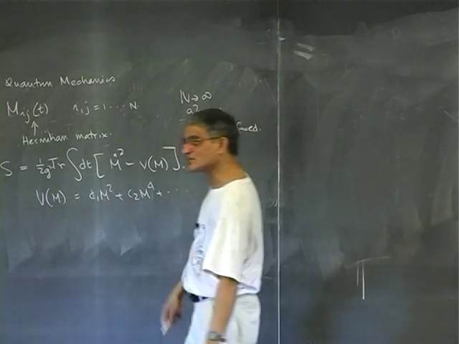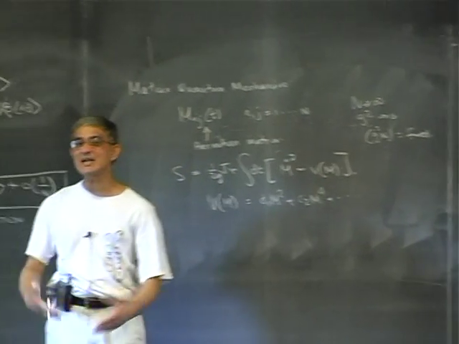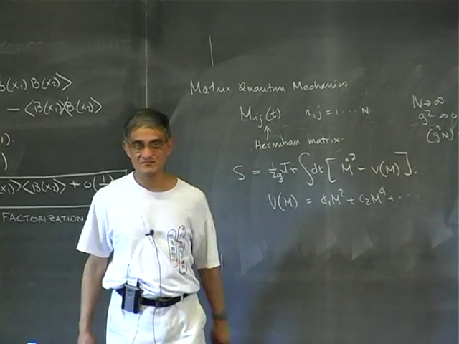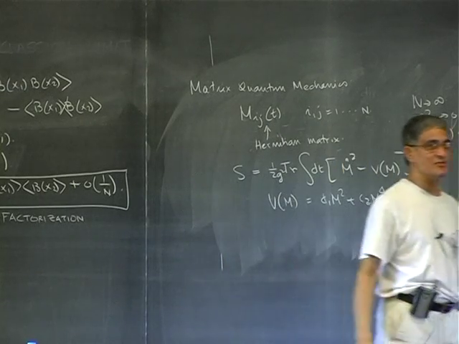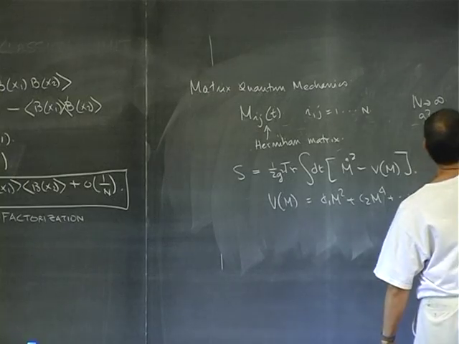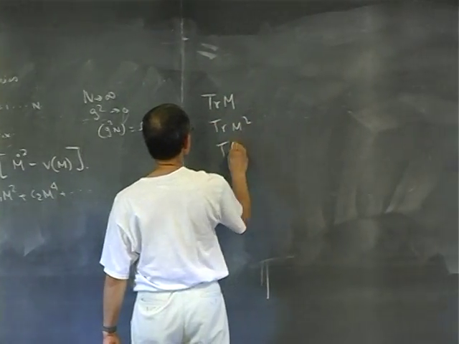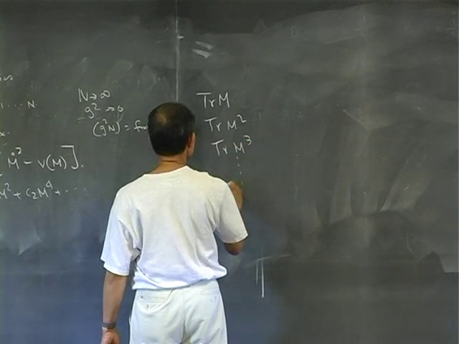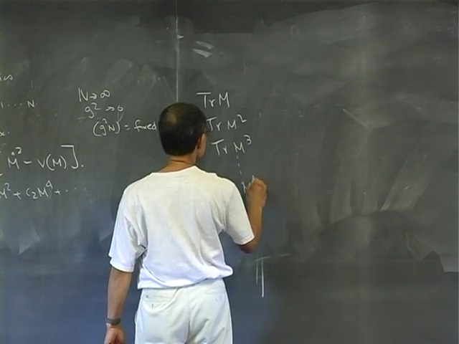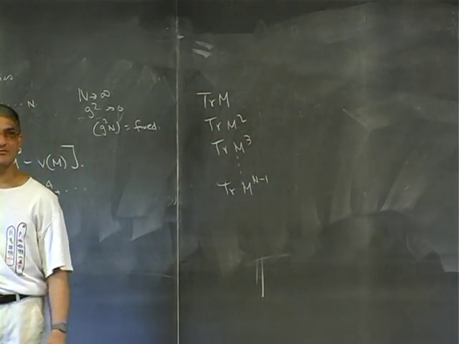Here, you have to ask, out of that matrix, what are the singlet objects which I can make? And then you immediately realize there are an infinite number of singlet objects, basically at large n. They are things like trace m squared, trace m cubed, all the way up to trace m to the n minus 1, and the next one can be written as products of the previous ones.